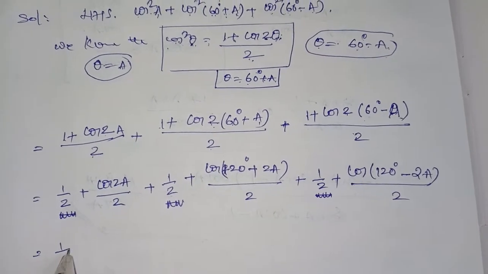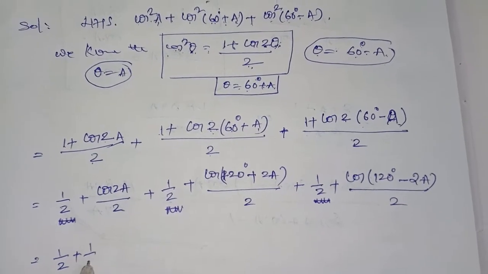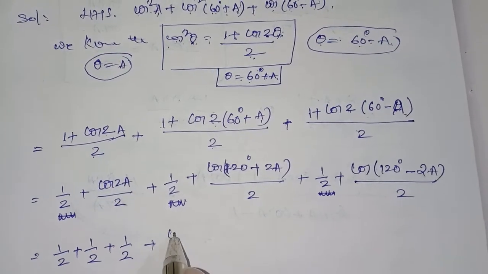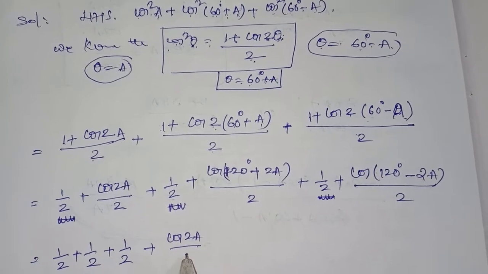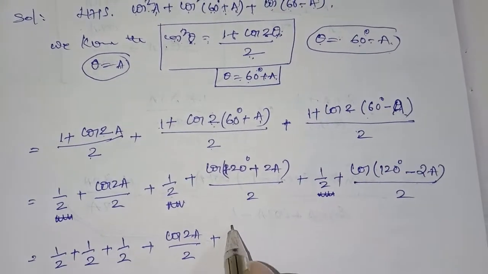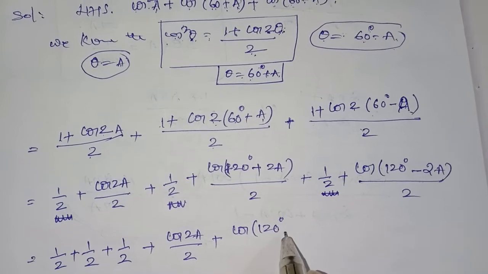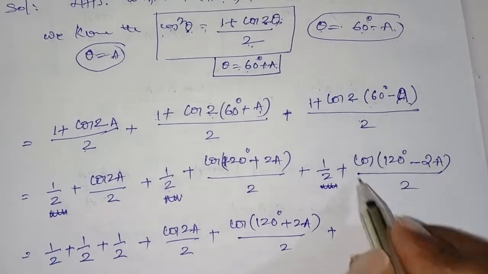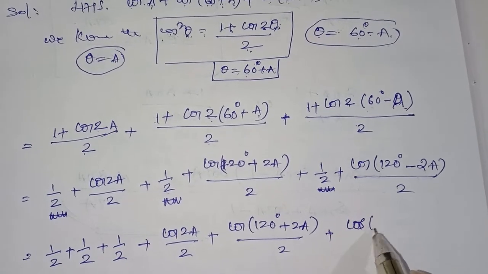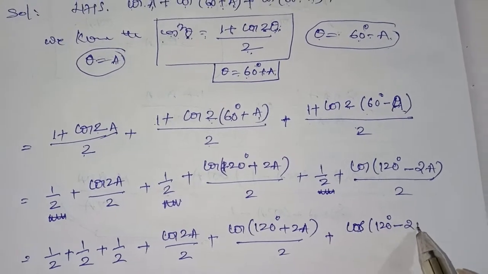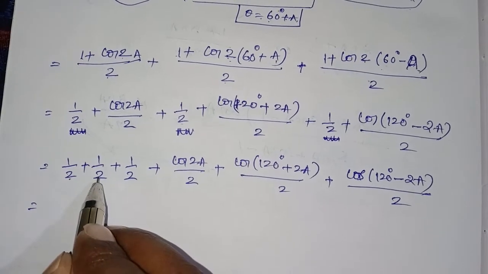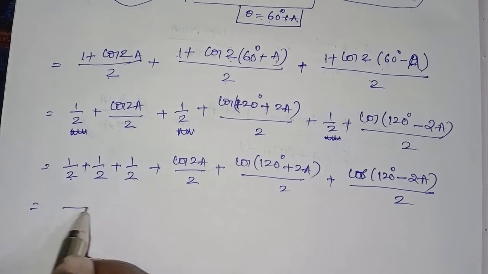So write these first: 1/2 plus 1/2 plus 1/2, plus cos 2A/2, plus cos(120° + 2A)/2, plus cos(120° − 2A)/2. The denominator of each is 2, so the LCM is 2.